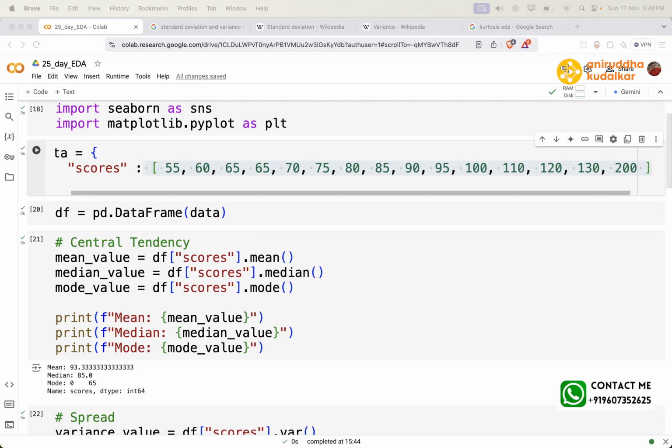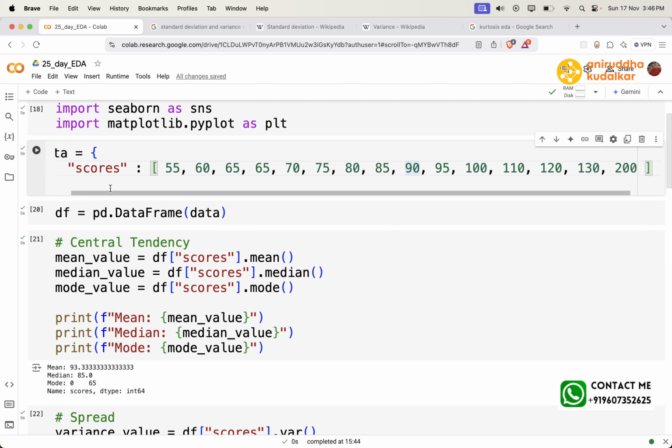So these are the statistical terms: mean, median, skew, kurtosis. What is the mean? The average value. What is the median? The middle value of the sorted data. And the mode is the most frequent value.